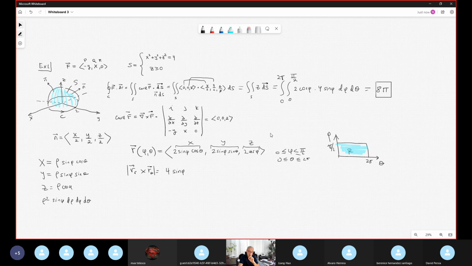So now I want to solve the same problem, but not using the surface integral, which is the right hand side. Now using the line integral, which is the left hand side. So in this case, I want to simplify the thing, because my curve is in the xy plane.